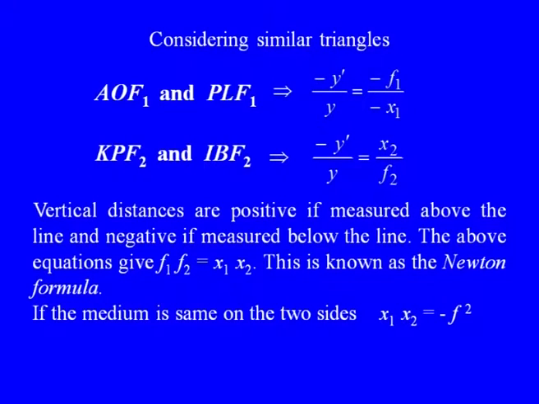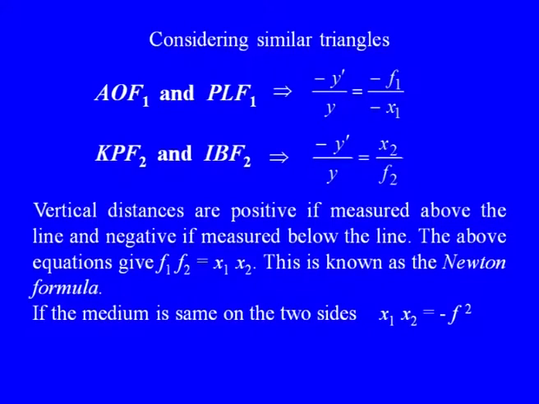So, considering the similar triangles AOF1 and PLF1, you have a relationship like this: minus y prime upon y, these are the heights of the object points, is equal to minus f1 upon minus x1. These minus and plus signs are as per sign convention.